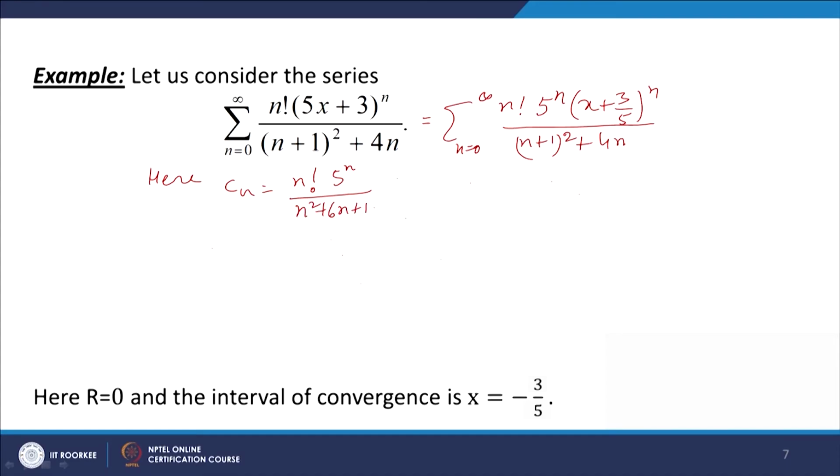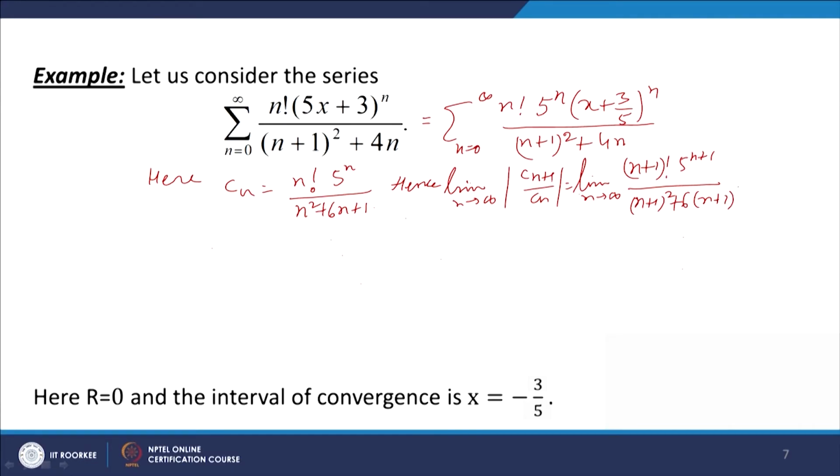Okay. Now, hence the limit of mod of C_(n+1) over C_n. Okay, so (n+1) factorial 5^(n+1) divided by ((n+1)^2 plus 6(n+1) plus 1) into 1 by C_n. So, (n^2 plus 6n plus 1) and then we have n factorial and 5^n.